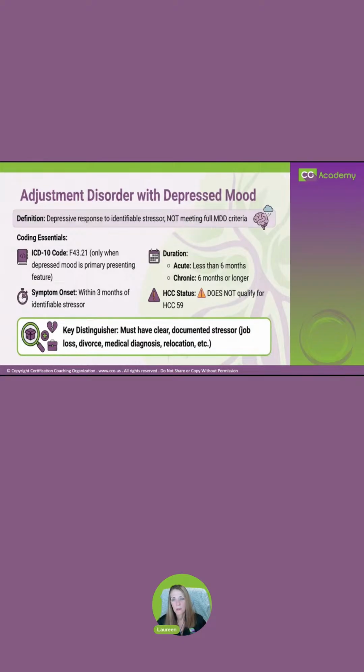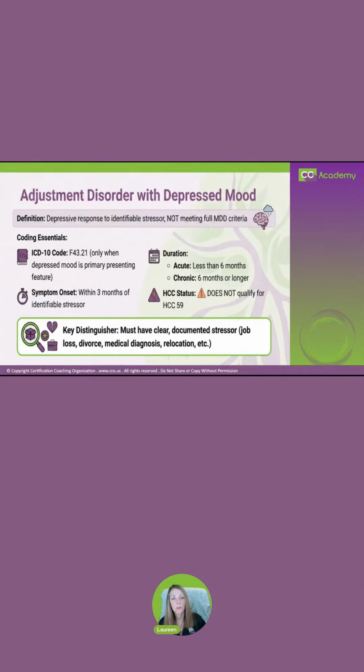Now, timing matters here. The symptoms have to start within 3 months of the identifiable stressor. And then you've got to determine duration. Is it acute, meaning less than 6 months, or chronic, meaning longer than 6 months? And the big kicker is, adjustment disorder doesn't qualify for the HCC 59. So if you code adjustment disorder when it should be major depressive disorder, you're going to be leaving money on the table.